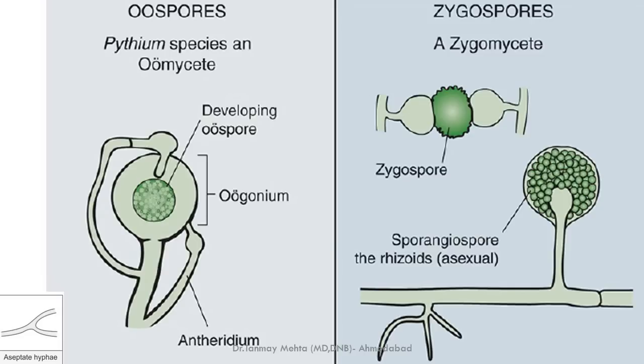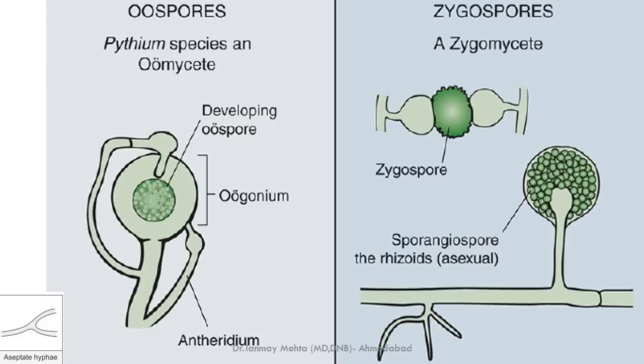If we talk about sexually produced spores, then in lower fungi, which are also known as Phycomycetes, there are two types of sexually produced spores. One is oospore and another is zygospore.